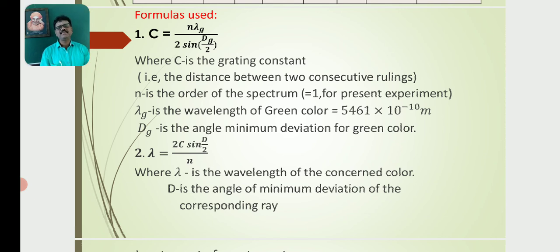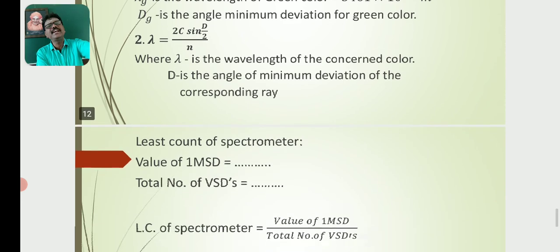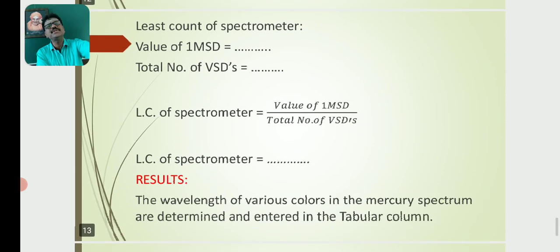The second formula we have used in this experiment is lambda is equal to 2c sine d by 2 by n, where lambda is the wavelength of the considered color, and d is the angle of minimum deviation of the corresponding color. So these are the two equations we have used to determine the wavelength of different colors in this experiment.